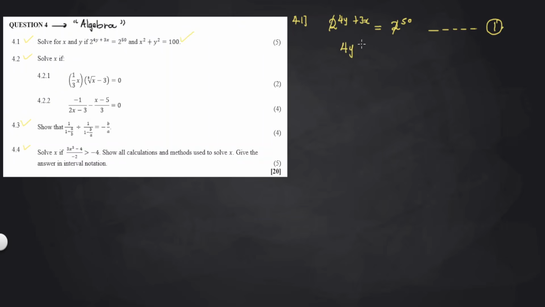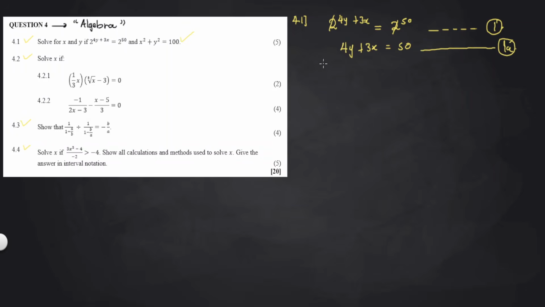So 4y plus 3x equal to 50. We can call this equation 1a. As long as our variables are in the exponents, we cannot solve for x and y. We have to bring down the exponents by making use of the idea of exponential equations. I have the same bases, so I'm just going to drop the exponents.